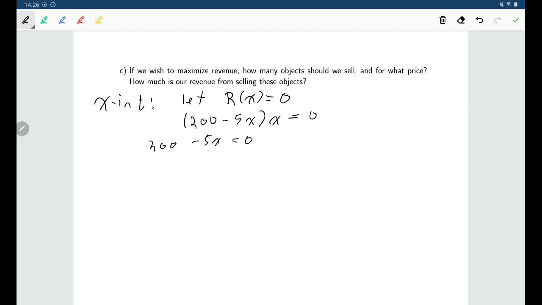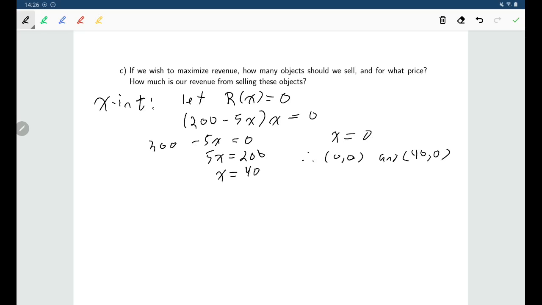So either 200 minus 5x is equal to 0, which gives us x is equal to 40, or x is equal to 0. So your two x-intercepts are one at the origin, (0, 0), and the other at the point (40, 0).